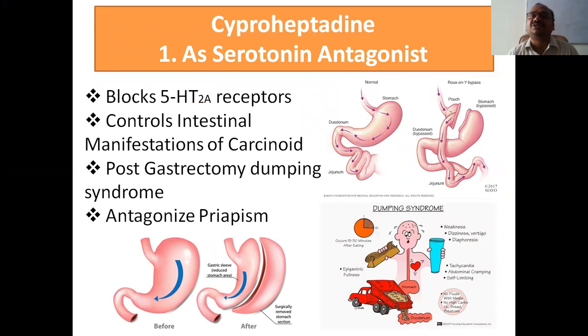See, this is the normal passage, and this is the surgical one. This entire part is bypassed, a direct bypass to the intestine. Food from the esophagus enters only a small part of the stomach and immediately empties into the intestine.